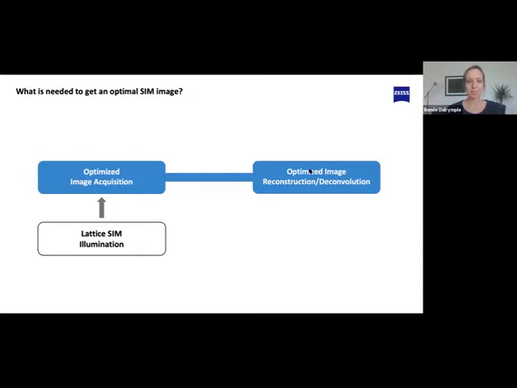And really with the introduction and development of Lattice SIM, we focused on optimizing the optics and the pattern that's utilized in order to collect as much information as possible. The second part of this now is taking everything we learned from Lattice SIM and all the information that it provides and utilizing it to the fullest through optimizing the SIM reconstruction process through the introduction of SIM².